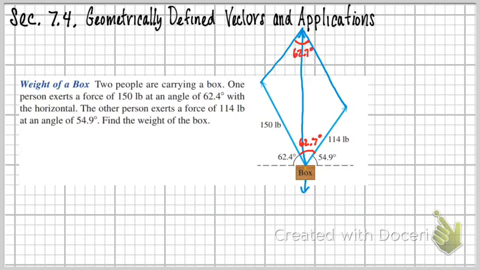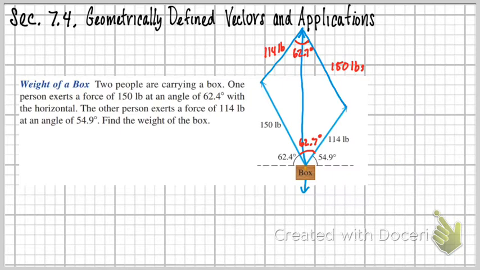Okay. If we start filling other information in here, I know this is going to be 114 pounds. Yep. I know this is going to be 150 pounds. Okay, so that's our basic setup for all the information we have here.